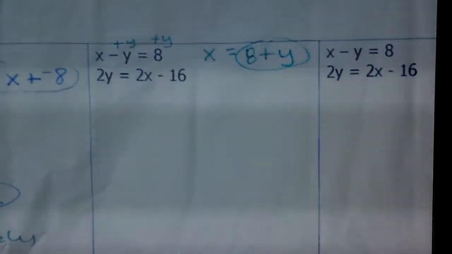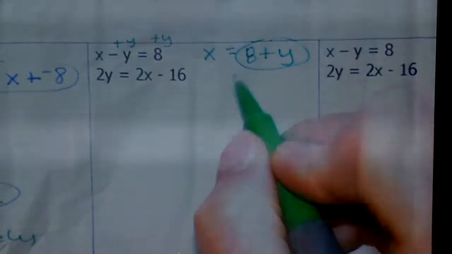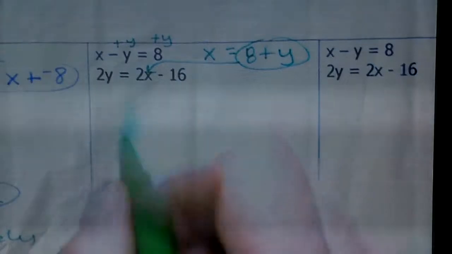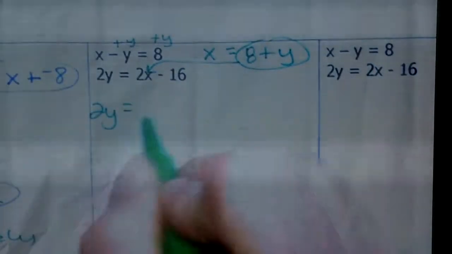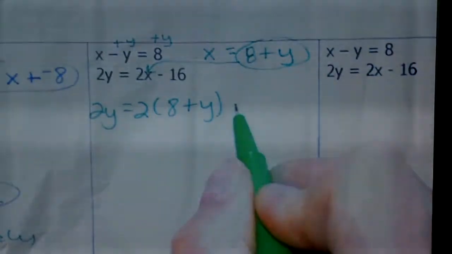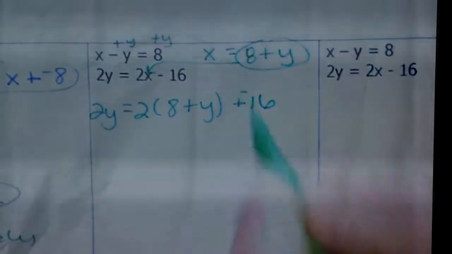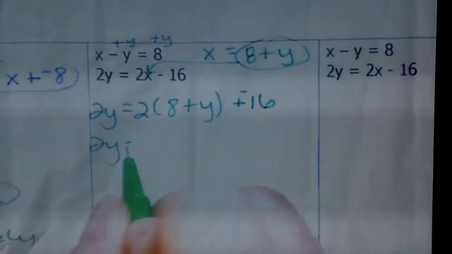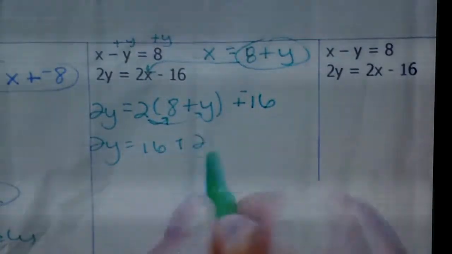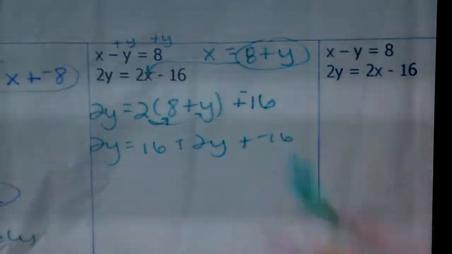If x equals 8 plus y, all I need to do is plug that in for the x here and solve. So 2y equals 2 times the quantity 8 plus y, minus 16 or plus negative 16. 2y equals, okay, 8 times 2 is 16. 2 times y is 2y.